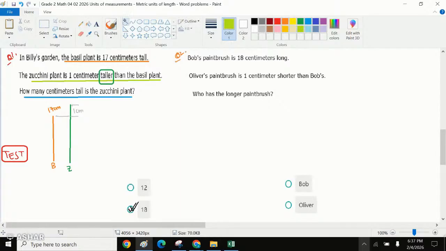Bob's paintbrush is 18 centimeters long, while Oliver's paintbrush is 1 centimeter, and the most important word is shorter. They're saying 1 centimeter shorter.